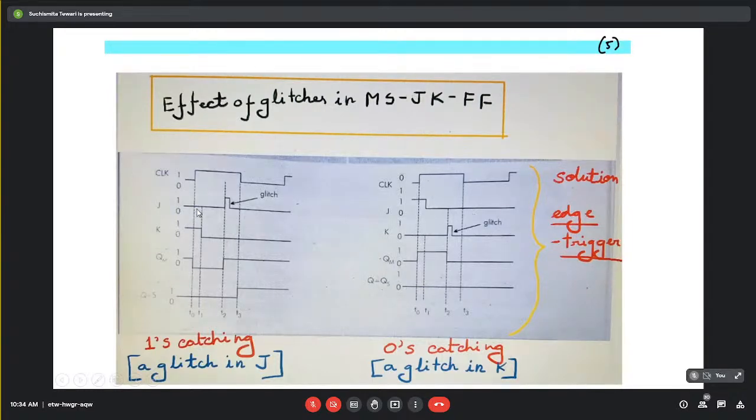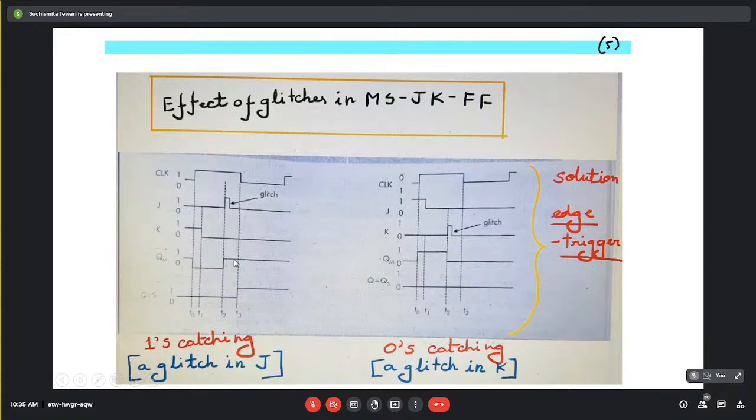Now, suppose during this enabling period, due to some noise, the value of J fluctuates momentarily from 0 to 1. This kind of unwanted noisy signal is what we call a glitch. Since this is happening during the enabling period, obviously that will affect the output of that master flip-flop. So the output might change into 1.